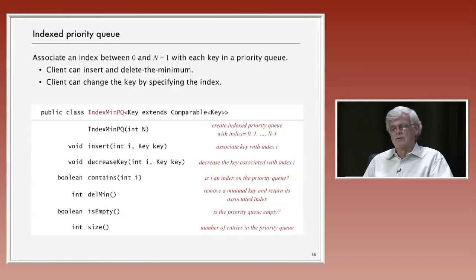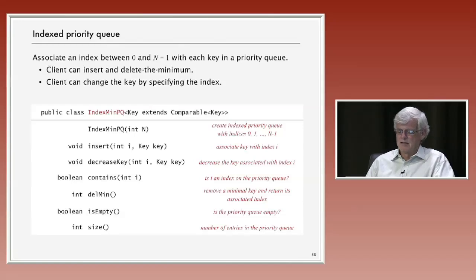And so what we're going to do is allow the client to change the key by specifying the index and the new key, and then the implementation will take care of changing the value and updating its data structures to reflect the changed values. You can't have the client changing values without informing the priority queue implementation. That's the basic challenge for this data structure.